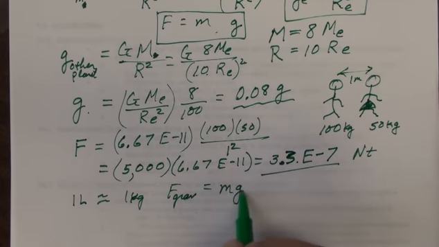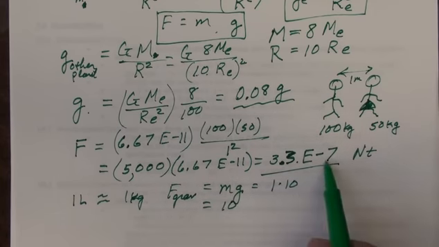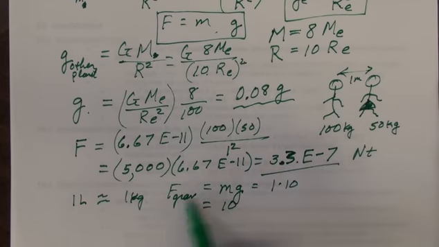Remember, it's mg. So it's going to be 1 kilogram times 10. So this is 10 by comparison with 3/10 millionths. And that's just for a liter of water. So you can see by comparison here that the gravitational force is extremely weak. It's the weakest force we have.